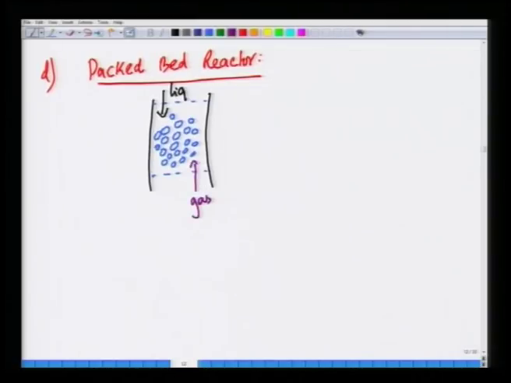And maybe there is a reaction between a species in the liquid phase and a species in the gas phase. If such is the case, then if you take a given packing, the liquid will form a tiny film. This is the solid packing, and the gas will flow up. The area of contact between the liquid phase and gas phase determines the rate at which reaction takes place, because the more the area, the more extent of reaction or conversion takes place.